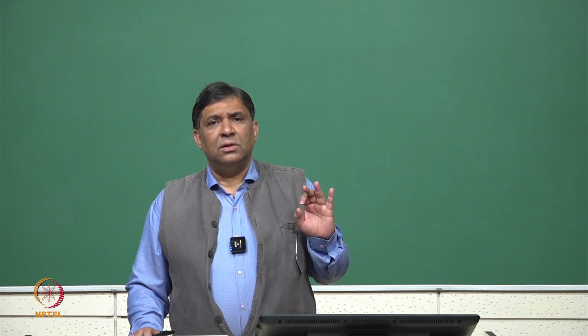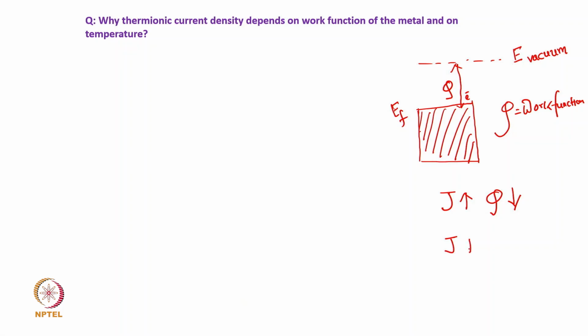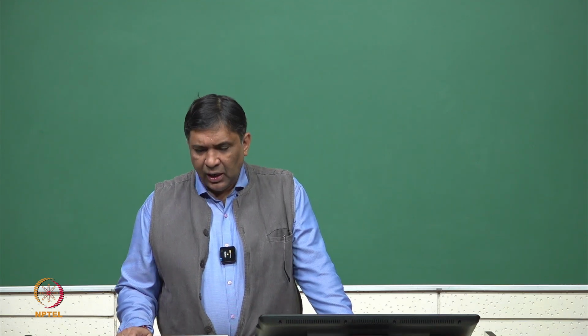So, that means the current density increases when we increase the temperature. Therefore, it is an essential requirement of a thermionic material or thermionic device that we have to keep the work function low and the temperature high.